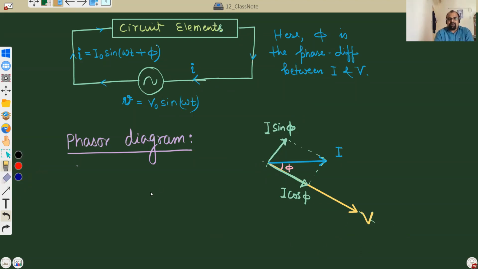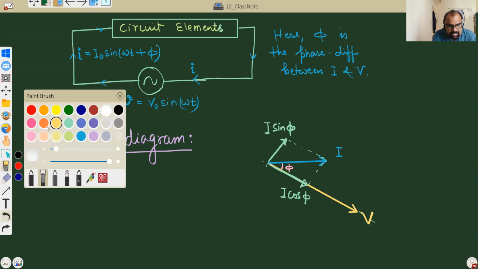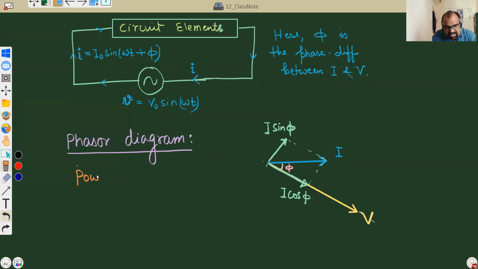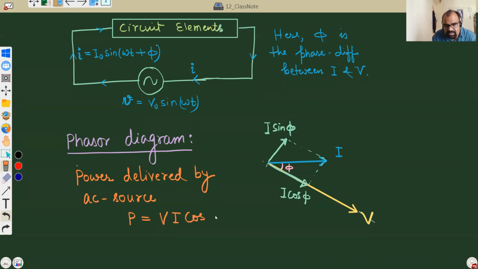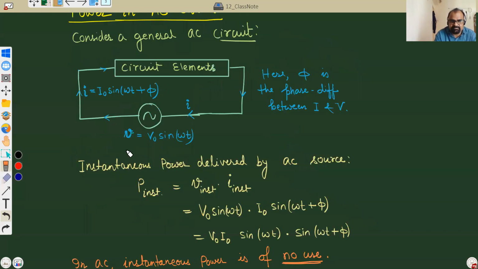Now, what is the power delivered by the AC source? Do we have a formula just now derived? Yes, just now we derived the formula VI cos phi, with the help of this integration.